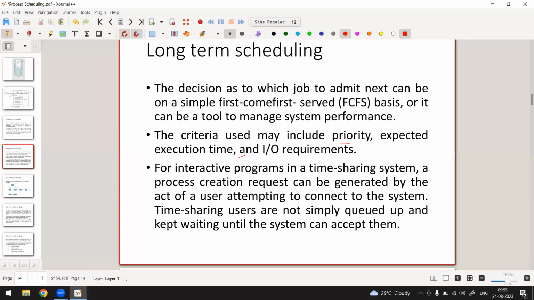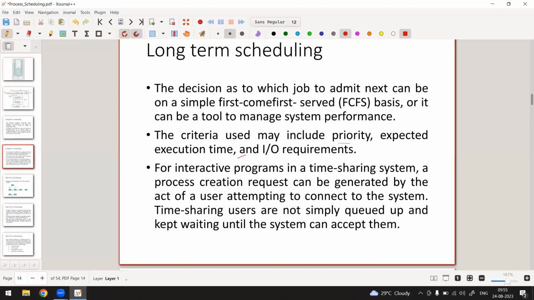What is the meaning of priority? Each process is defined some priority, and higher priority processes will be executed first, and lower priority processes will be executed later on.